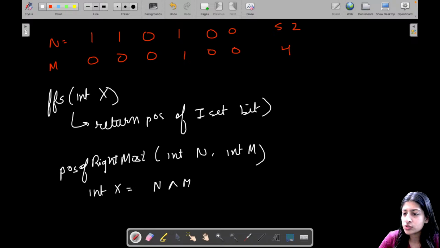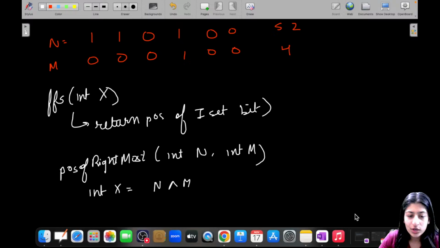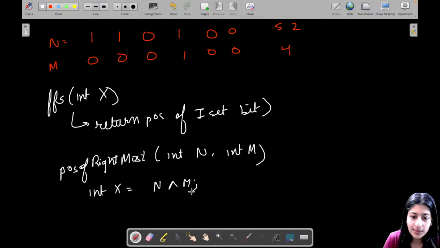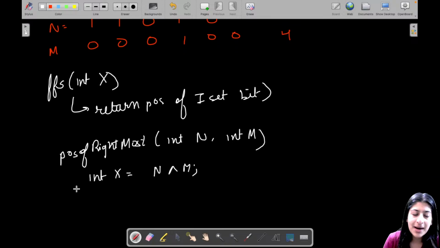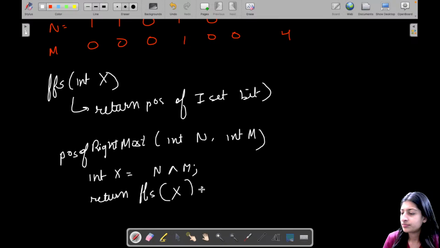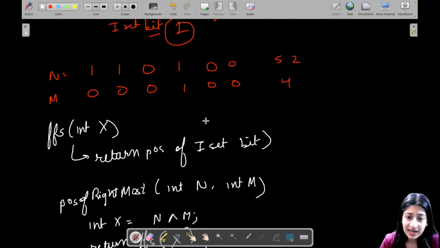I hope you know the XOR operator, the bit operation. This is how you represent XOR. Now I am passing this x to FFS and returning FFS of x. As simple as that. Now the entire question comes down to writing this FFS function.